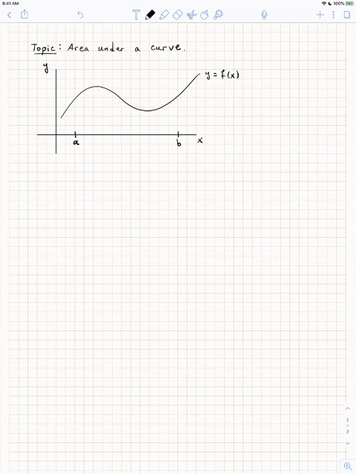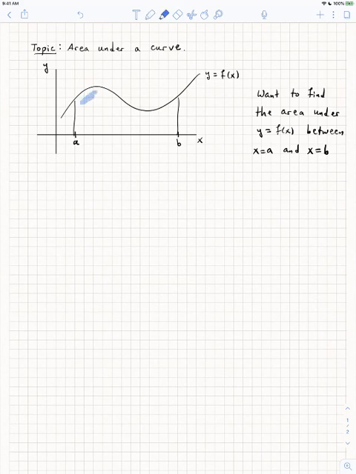So what we want to do is compute the area underneath the curve between x equals a and x equals b. So the region in question is this region here, the region underneath the curve and above the x-axis.